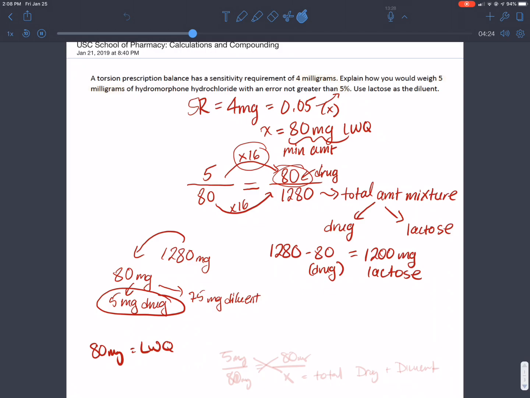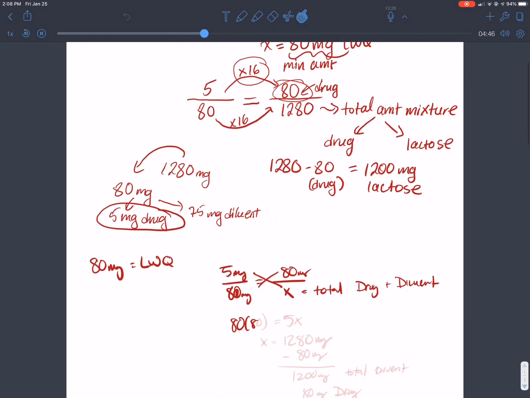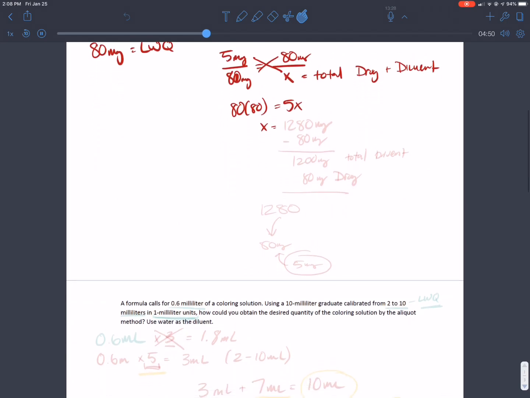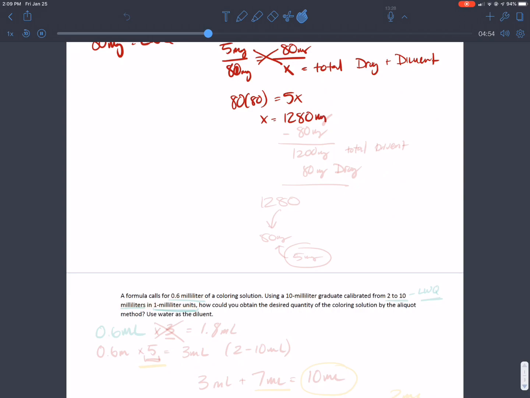And I'm going to put this also into another ratio formula here, where 5 milligrams is up here, 80 milligrams is here, and 80 is here as well. And X right here is going to represent the total of drug plus diluent. And all we have to do now is just cross multiply these values. So you would get 80 times 80 is equal to 5x. And when you solve for x, you are going to get 1280 milligrams.